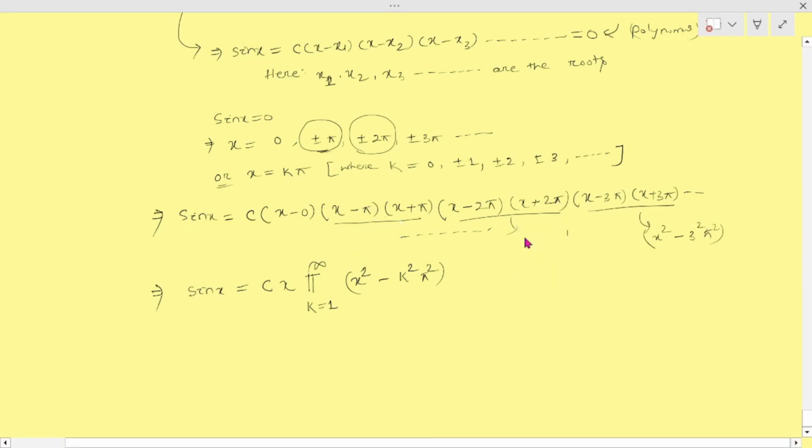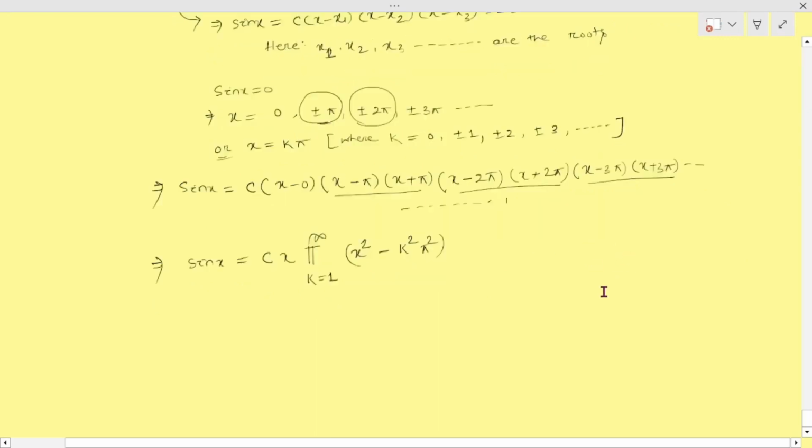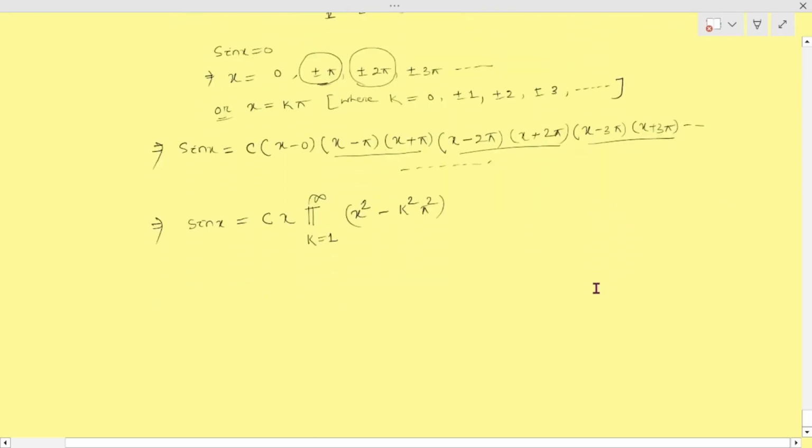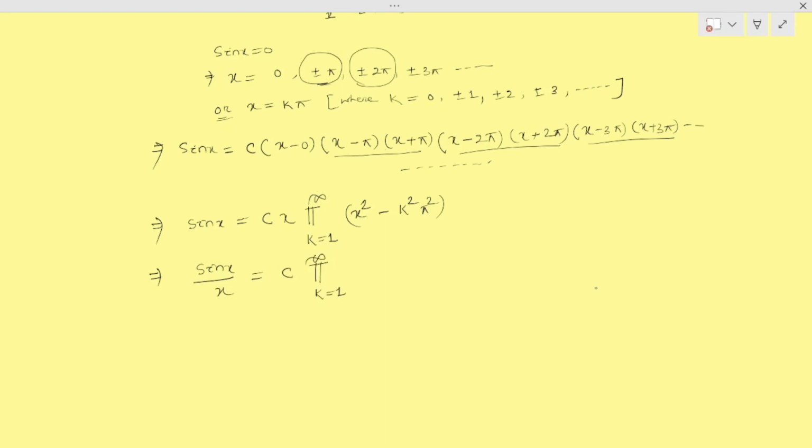Now that implies, here x is there, taking x to this side, sin x by x will be equal to c product from k equal to 1 to infinity of x square minus k square pi square, right?